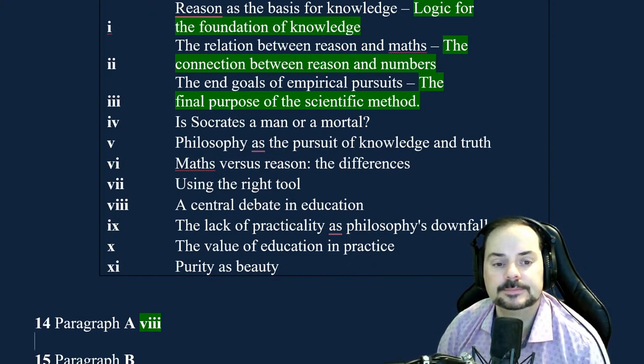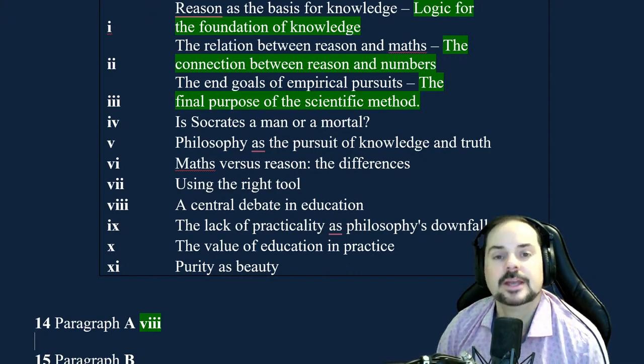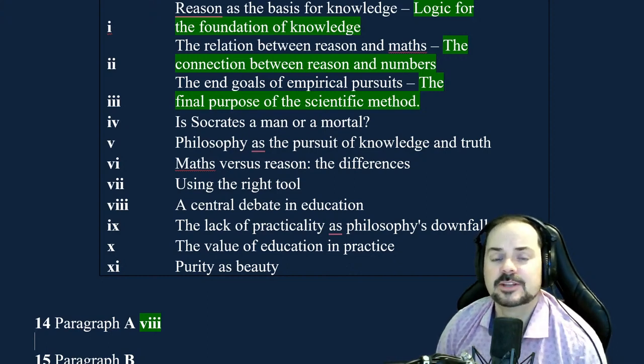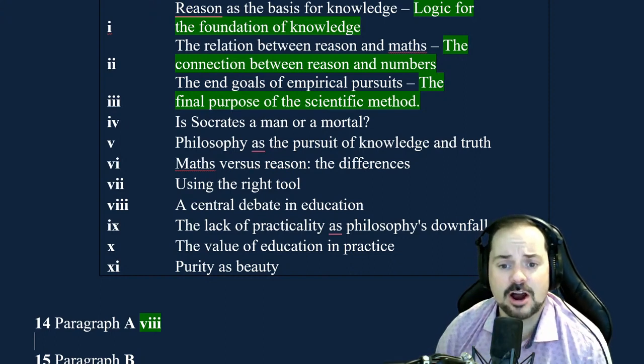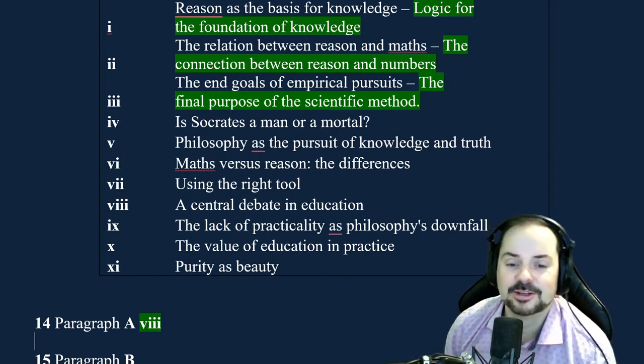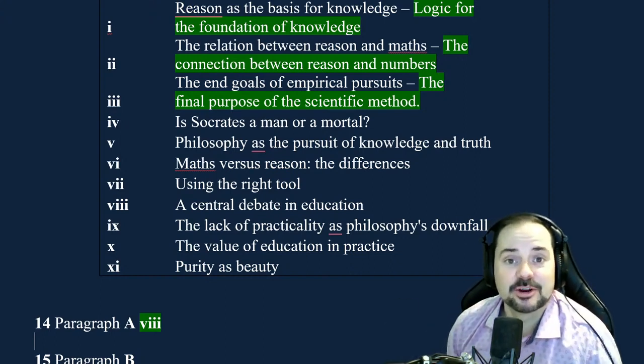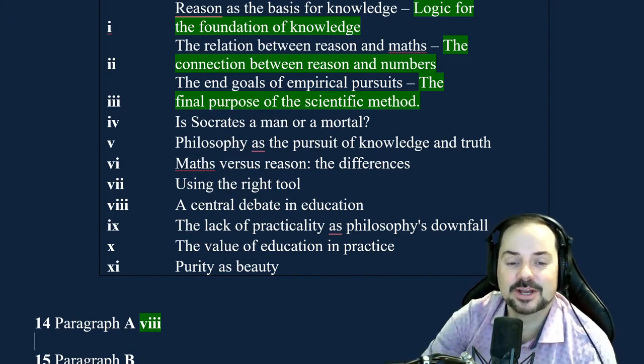So, the truth, philosophy as the pursuit of knowledge and truth. And Domenico, you just picked up a point and won yourself a car. No, I wish I could, but no car. But you did get it correct. Okay, so yes, that's right. It's philosophy as the pursuit of knowledge and truth.